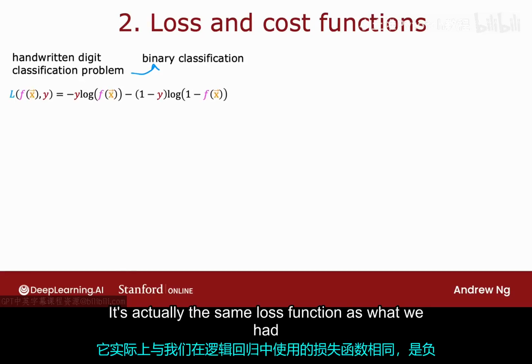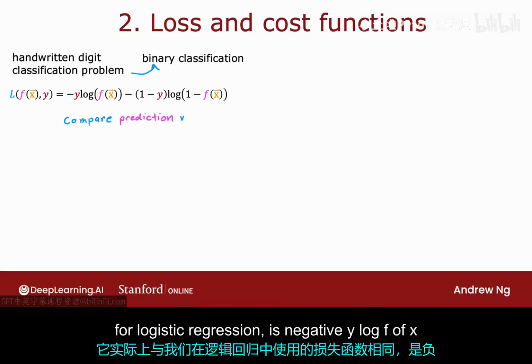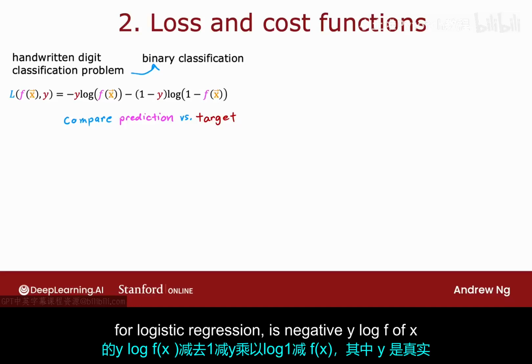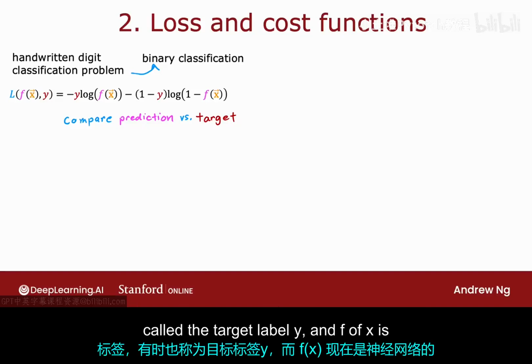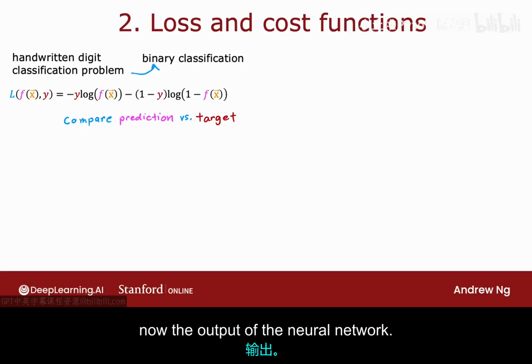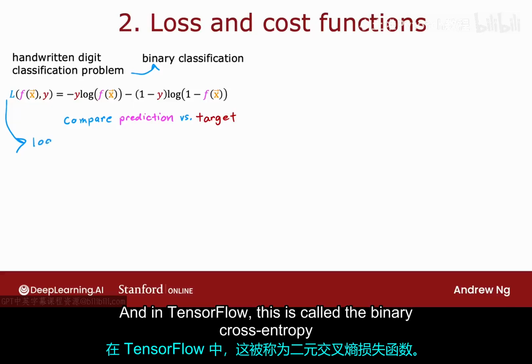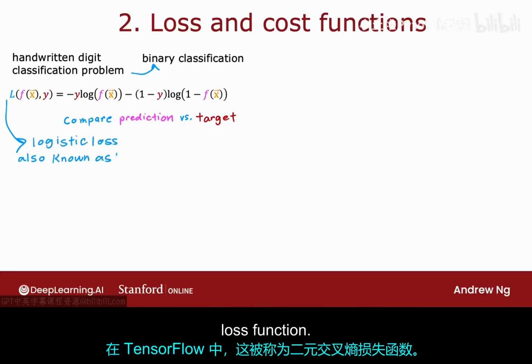It's actually the same loss function as we had for logistic regression: negative y log f of x minus (1 minus y) times log(1 minus f of x), where y is the ground truth label, sometimes also called the target label y, and f of x is now the output of the neural network. In TensorFlow, this is called the binary cross-entropy loss function.